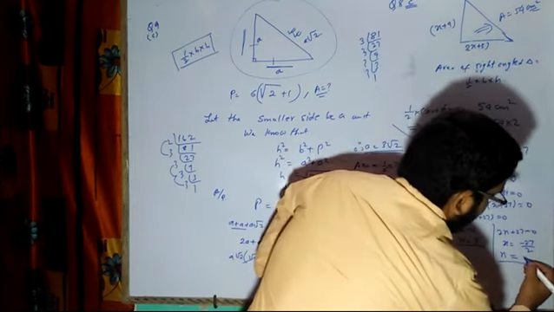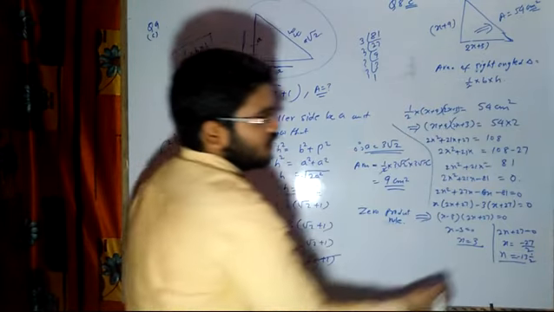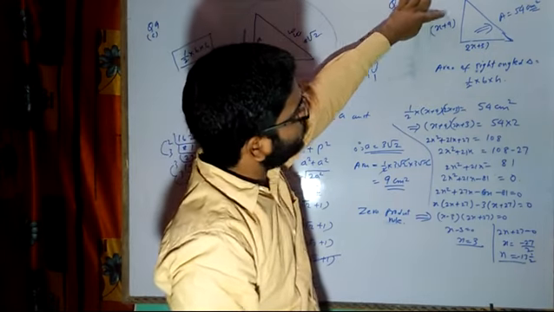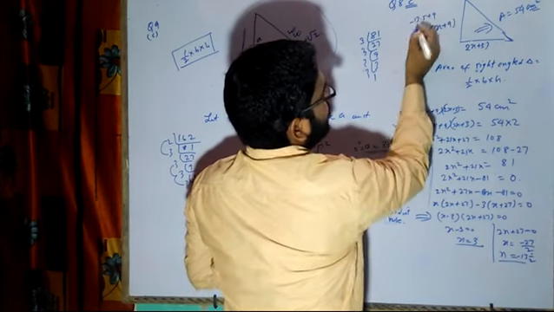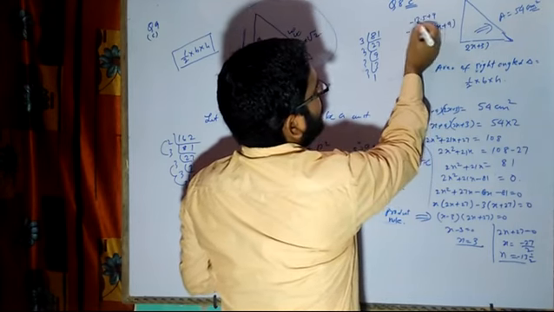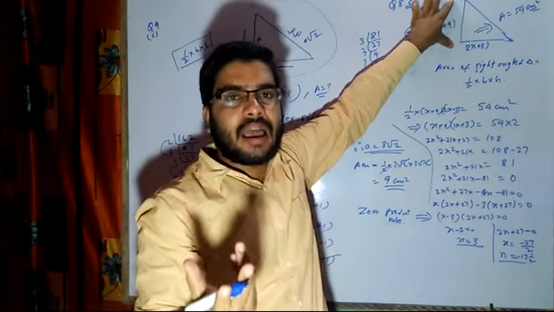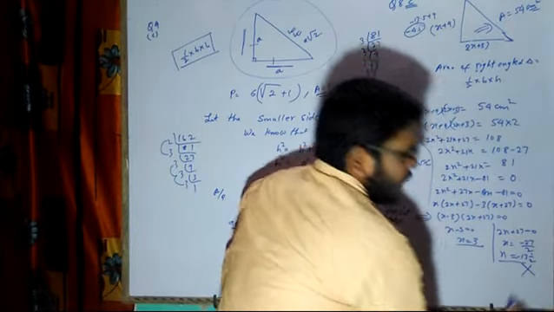Now if I put x = −13.5 here, then −13.5 plus 9 gives me −4.5. A side of any triangle can never be negative, so I will neglect this.